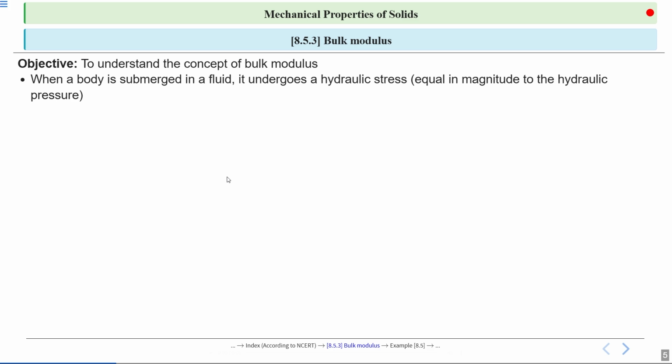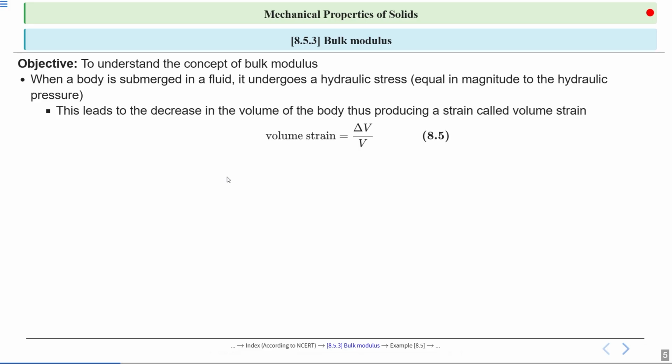The fluid applies pressure equally in all directions on the body, which we call hydraulic stress. This is the same as the hydraulic pressure acting on the object. This hydraulic stress causes the volume of the body to decrease, leading to what we call volume strain.